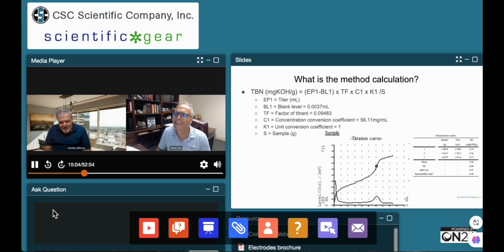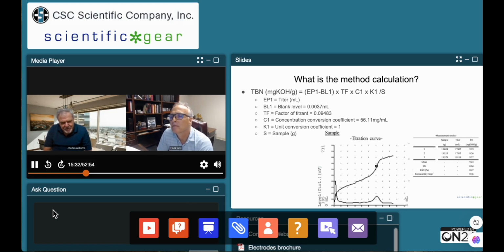Well, that first curve that has the dot in the middle, that's a plot of the milliliters added versus the millivolts response. Based on the response it gets, the titrator adds more titrant until it starts seeing a greater increase in the millivolts.